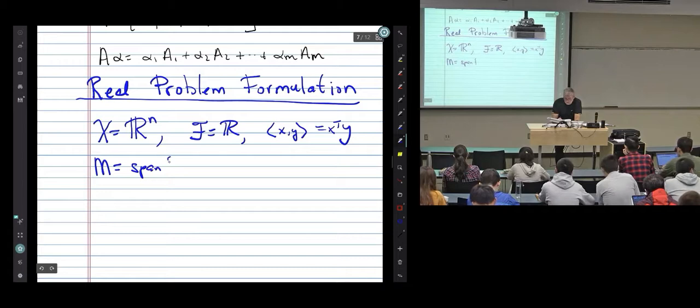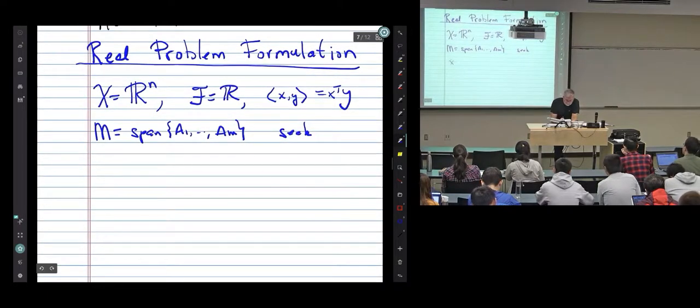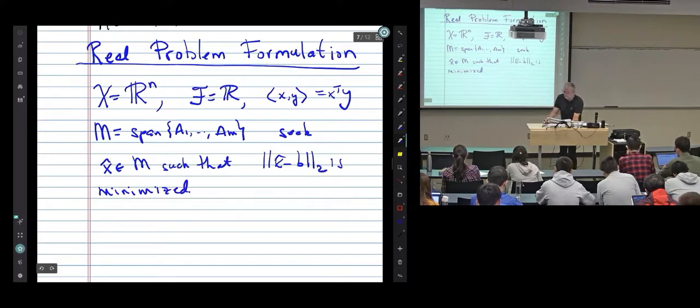M is going to be the span of the columns of A, and we seek X hat, an element of M, such that the 2 norm of X hat minus B is minimized. So it's the 2 norm that follows from this inner product.